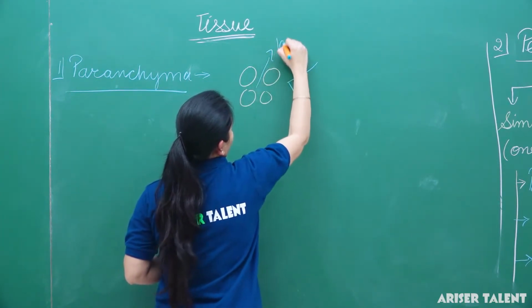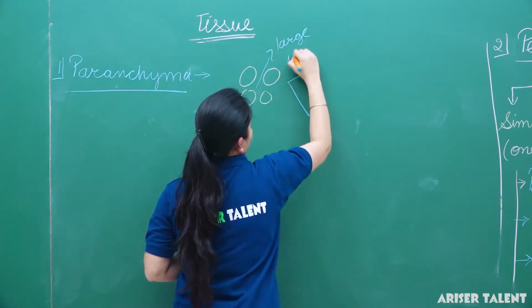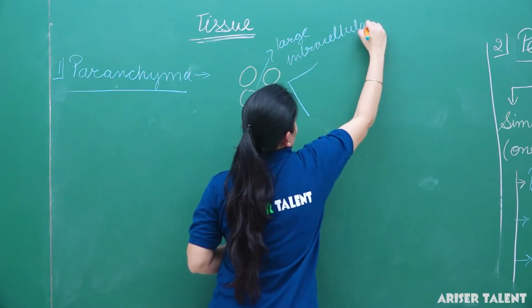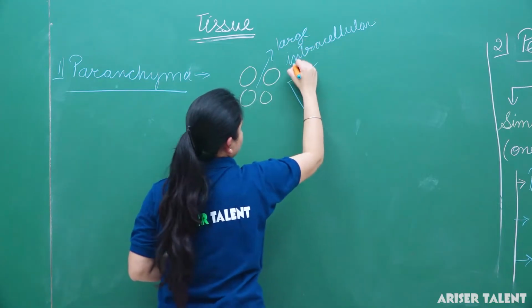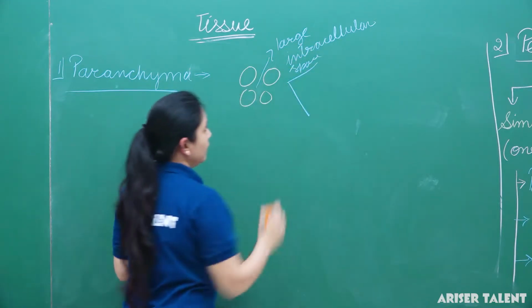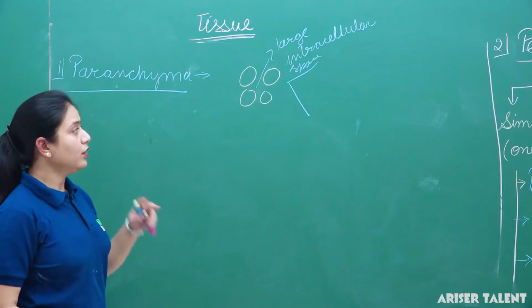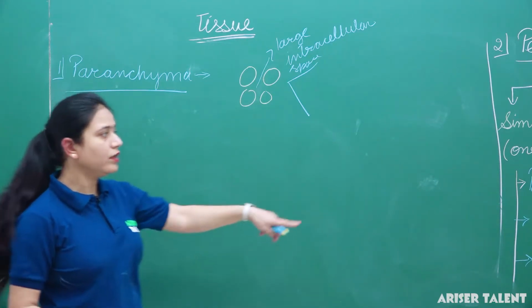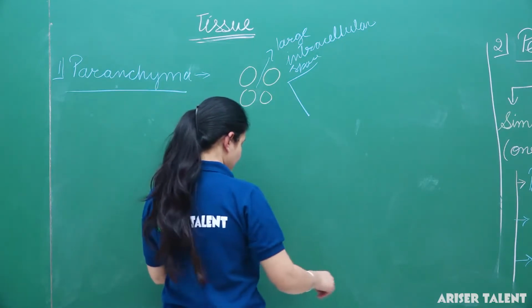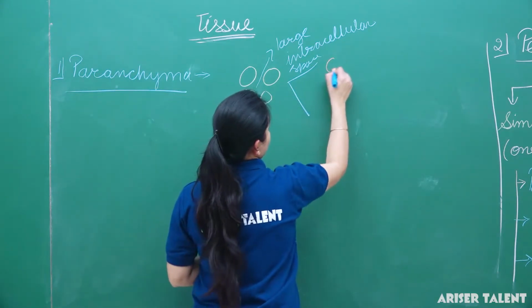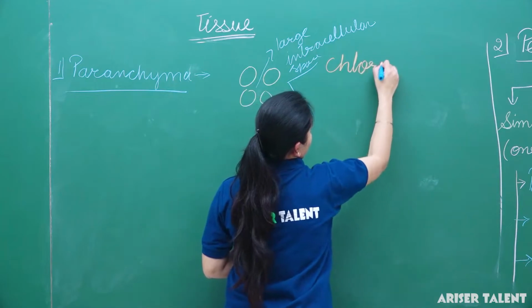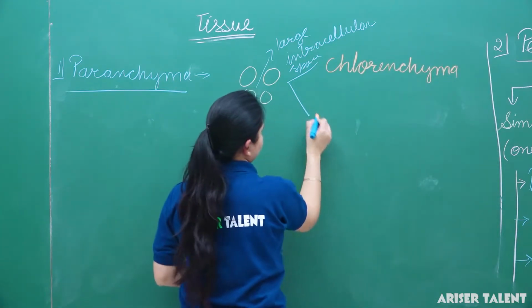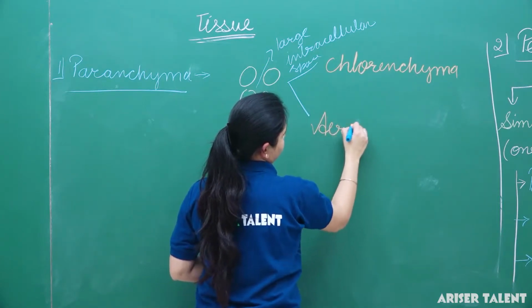Large intracellular space. Now parenchyma is of two types, Chlorenchyma and Parenchyma. I am talking about Chlorenchyma, not Parenchyma. Number 1 is Chlorenchyma and another is Parenchyma.